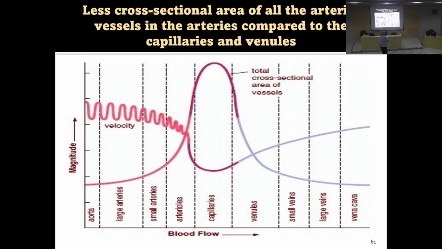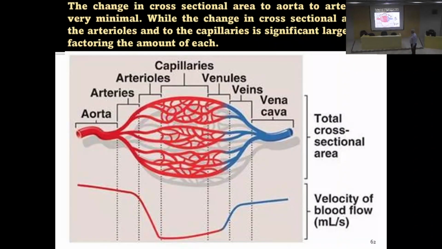Again, the same principle here. We're just repeating it. The cross-sectional area is getting bigger, and then what is happening? The velocity is going down. So what we learn from there is that, due to R to the power 4, pressure drops more in the arteries and arterioles and capillaries because of the proportionality to R to the power 4.